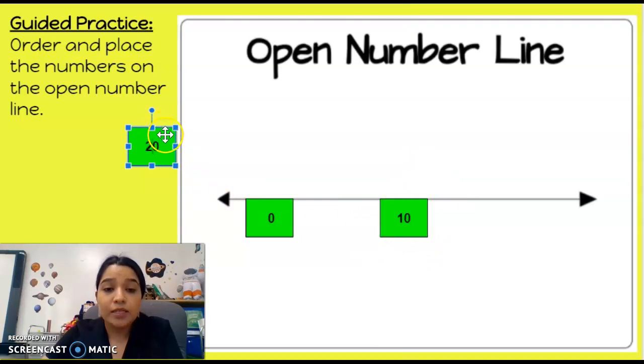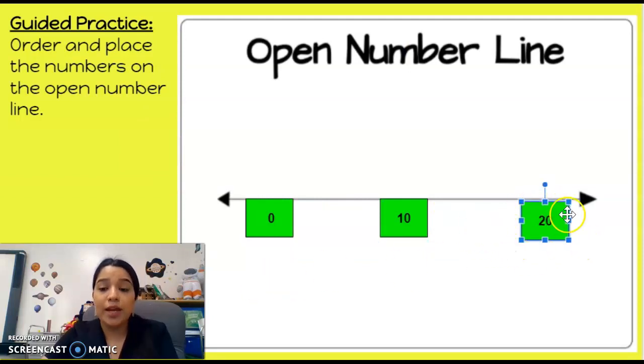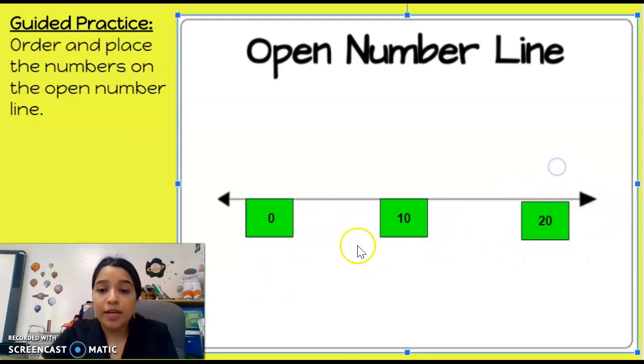Now that 20 is the one that we have left, we're going to move our 20 right here to the end, to the right. Let's take a look at our numbers again. We have 0, 10, and 20. Does that look like the right order? Does it go from smallest number to biggest number? Yes, the smallest number is to the left, and then it goes to a bigger number, and then a bigger number.